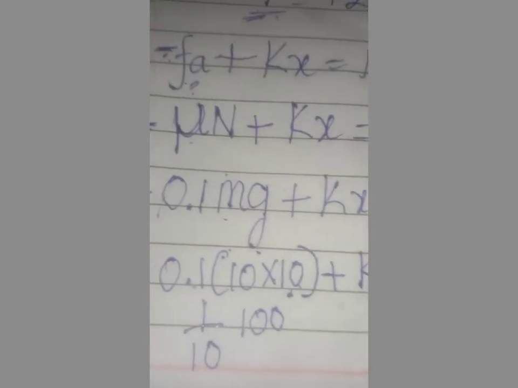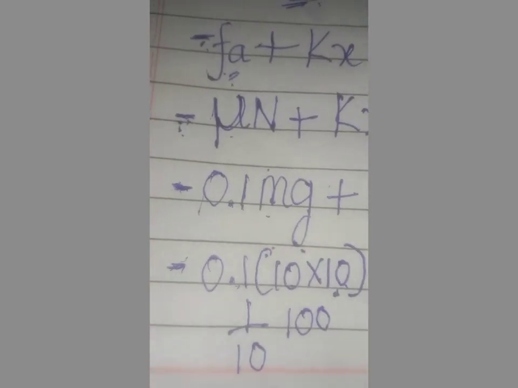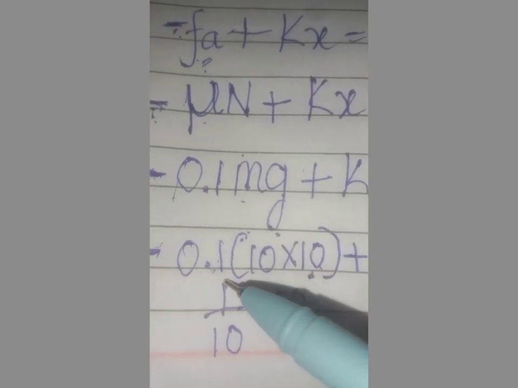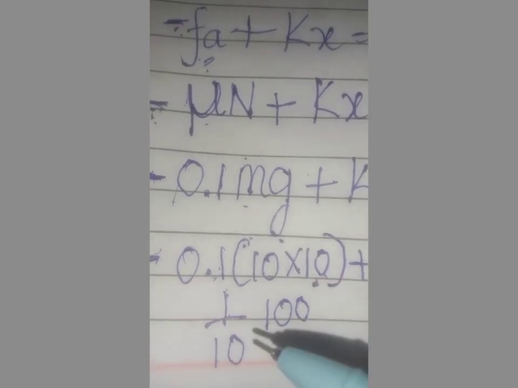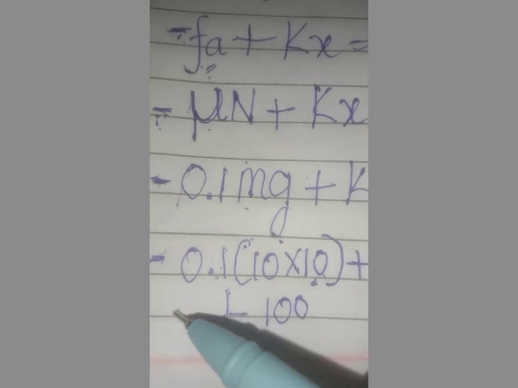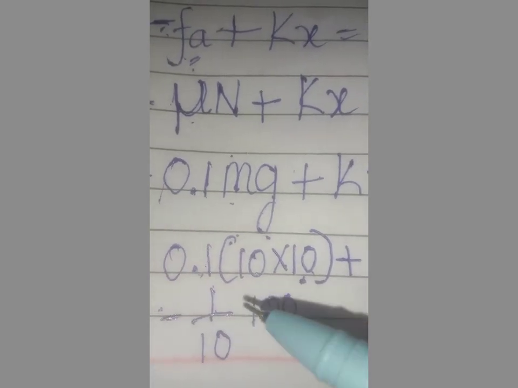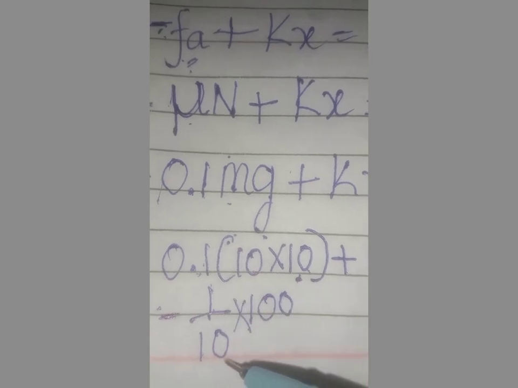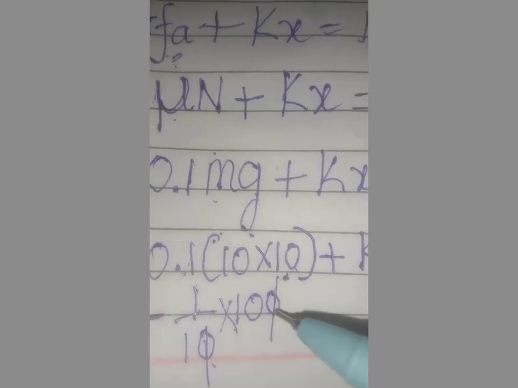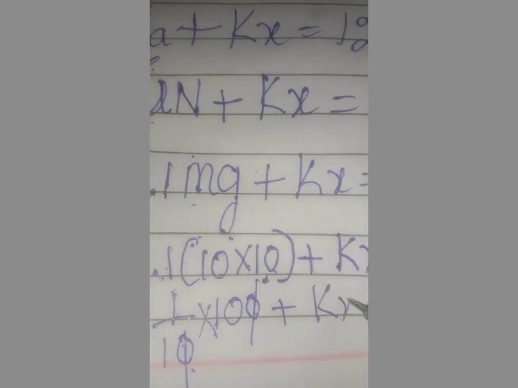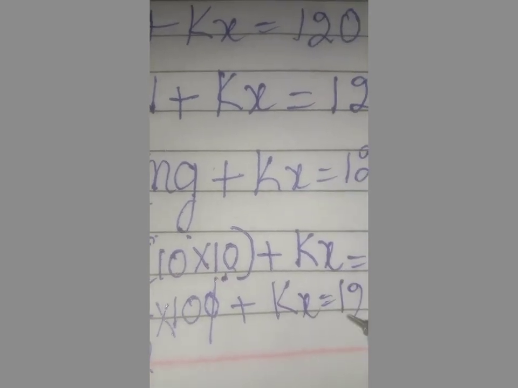Here 0.1 can also be written as 1 by 10, and as usual minus. Now cancel one of the 0s, plus kx is equal to 120.